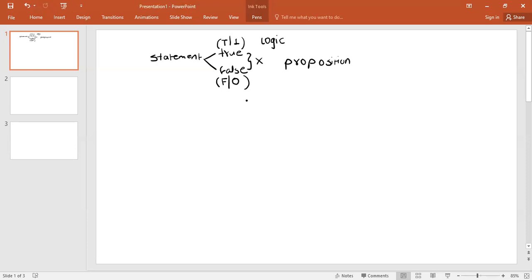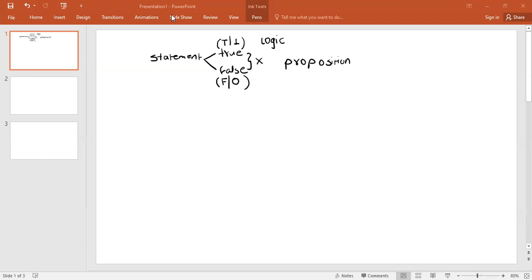This statement is true, so it has truth value true. So that is the truth value of the statement.